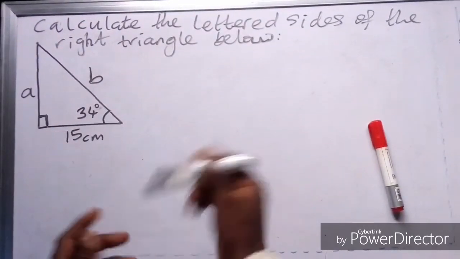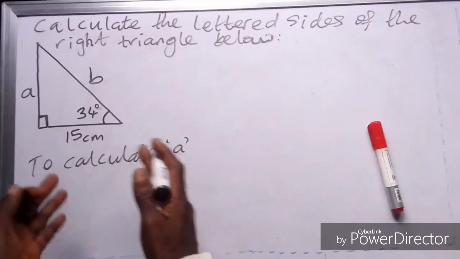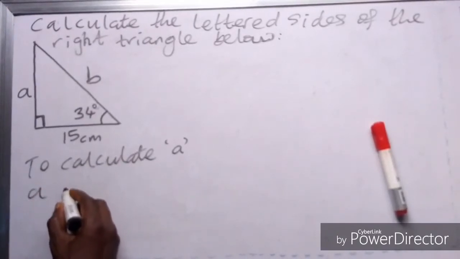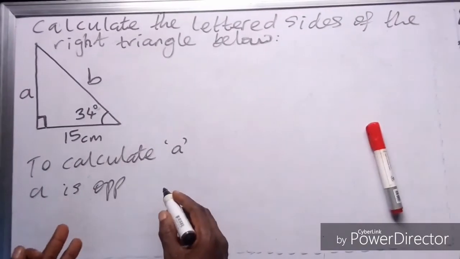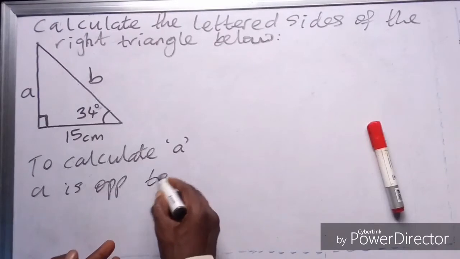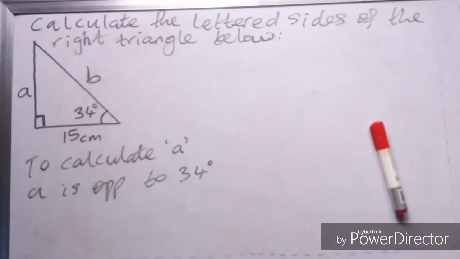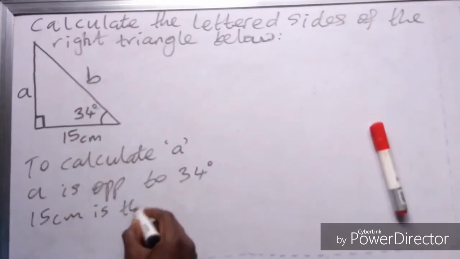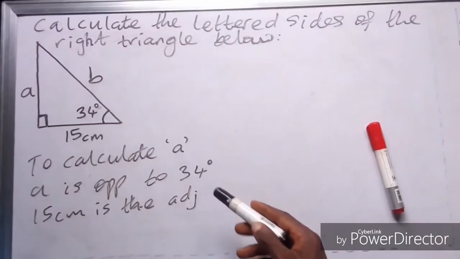To calculate A, from the right triangle, the side A is opposite to 34 degrees, and 15 cm is the adjacent side to 34 degrees.